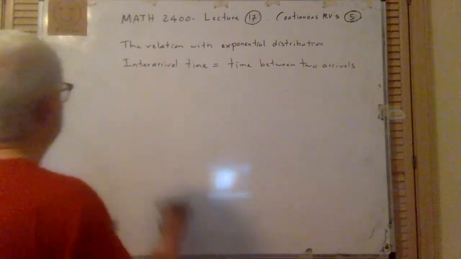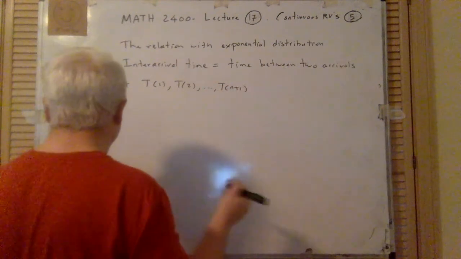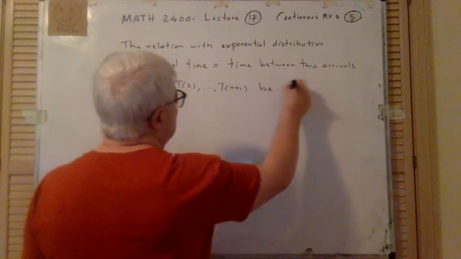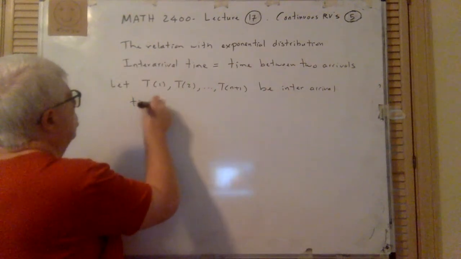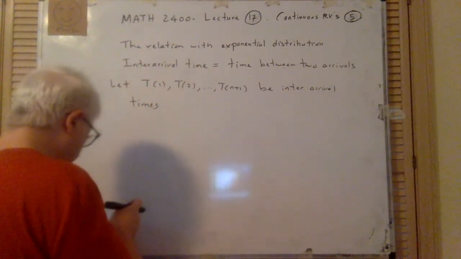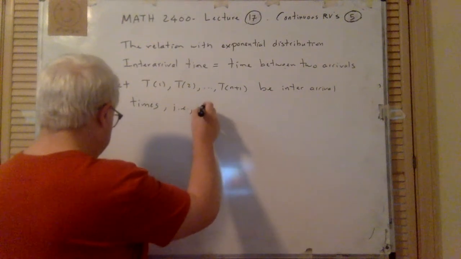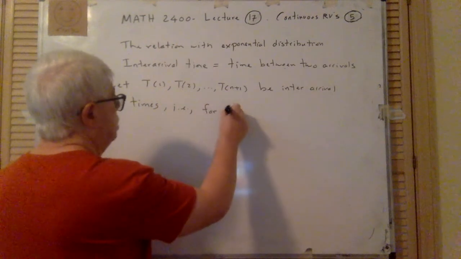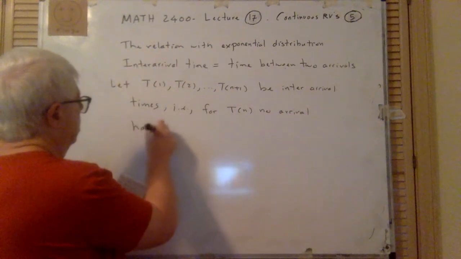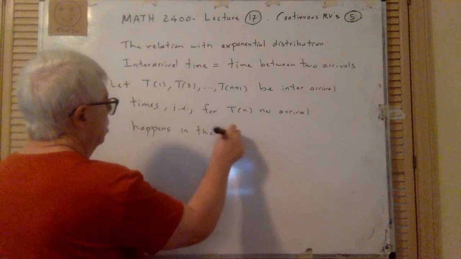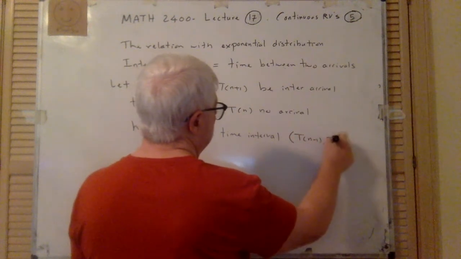Now let T1, T2, ..., Tn+1 be the inter-arrival times. I'm going to n plus 1 because I'm finding the n plus 1 inter-arrival time. So for Tn, no arrival happens in the time interval (Tn minus 1, Tn), for example.